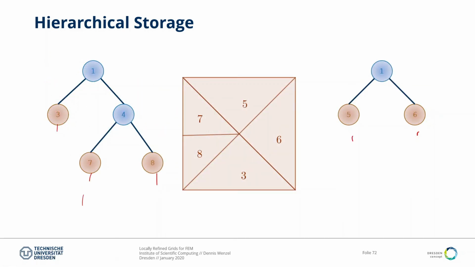Because if I want to go back from, let's say, my cell 7 and 8, because I say I don't need the fine grid here anymore, then I can simply delete those nodes here, and then I'm back, and then I have my number 4 here. My information is still all there. If I'm removing some leaves, I still have the grid information that was there before, so I didn't delete it from my direct storage.